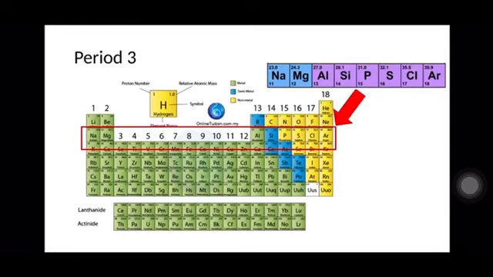How many shells? 3, right? 3 shells occupied with electrons. And the elements comprise sodium, magnesium, aluminium, silicon, phosphorus, sulfur, chlorine and argon.